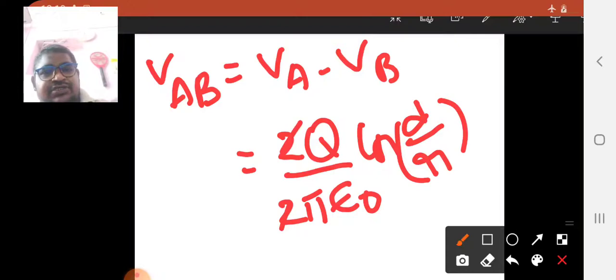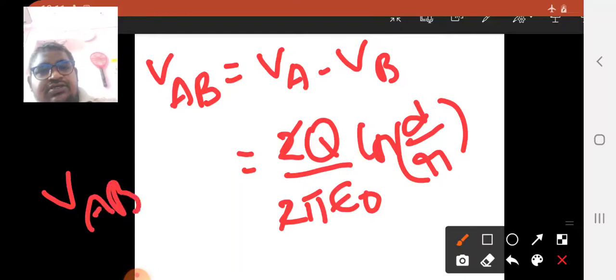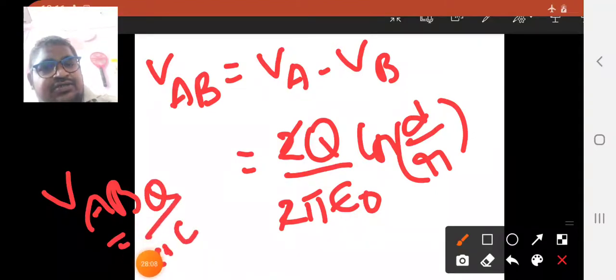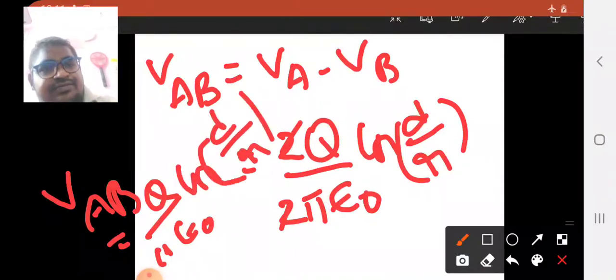Therefore VAB is Q by pi epsilon naught into ln d by r.